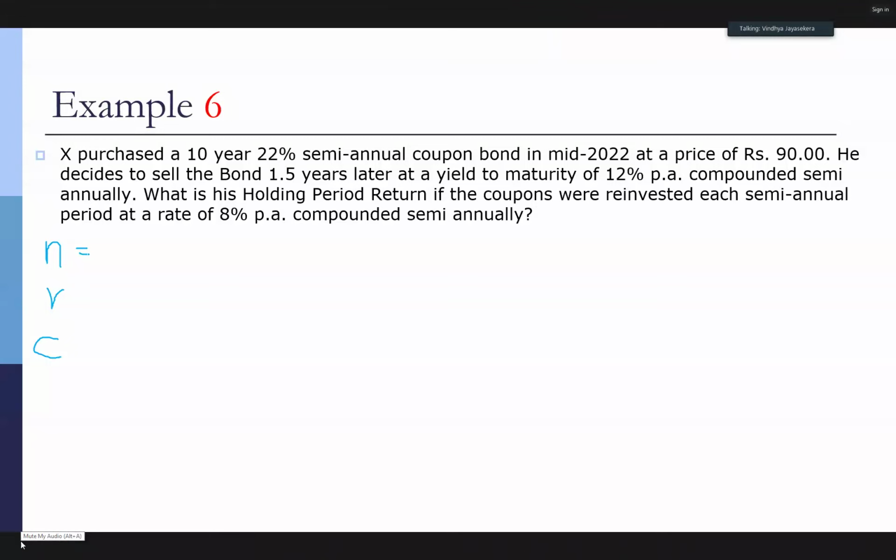N is not 3. How is N 3? How do you say N is? Okay, that is not correct because what is the price of a bond?